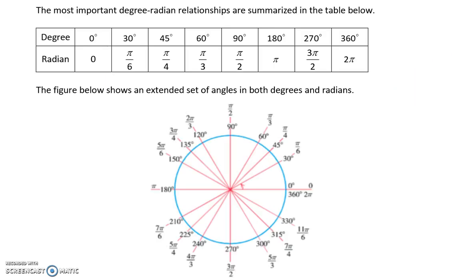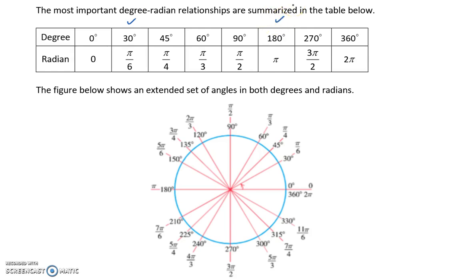Moving to the next page, the most important degree-radian relationships are summarized in the table below. Some of these we've already encountered, but let's go through the table. 0 degrees is the same as 0 radians. 30 degrees, we did this computation earlier, pi over 6 radians. 45 degrees, pi over 4 radians. 60 degrees, pi over 3 radians. 90 degrees is pi over 2 radians. 180 degrees is pi radians.